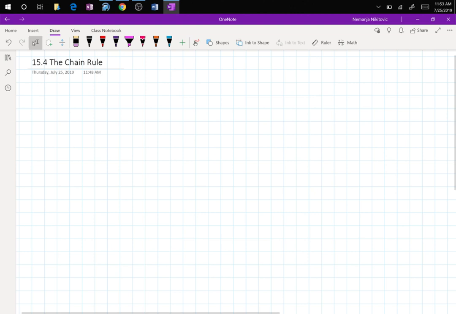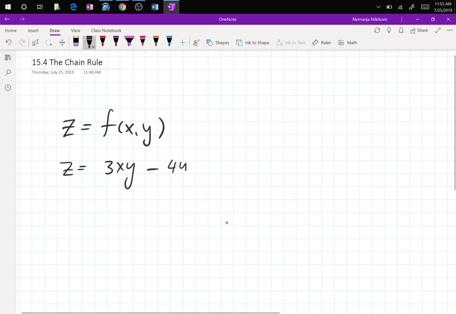What you are used to so far, hopefully, is that z is equal to f of x and y. So let's say z is equal to 3xy minus 4y squared, right? Let's say that's an example of a function.